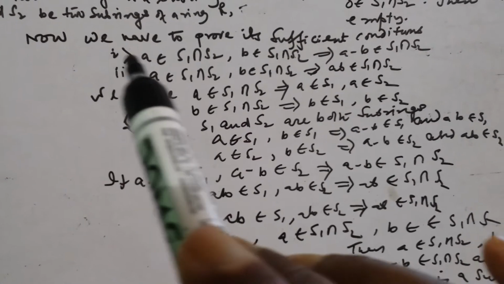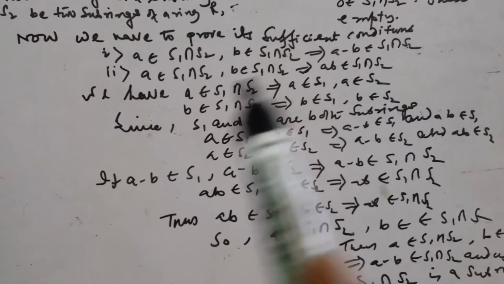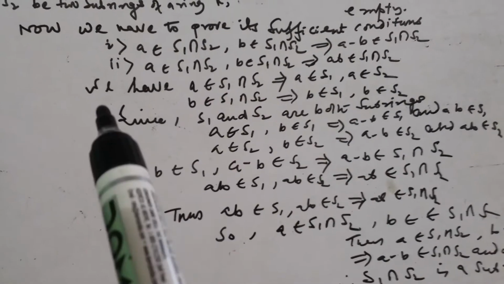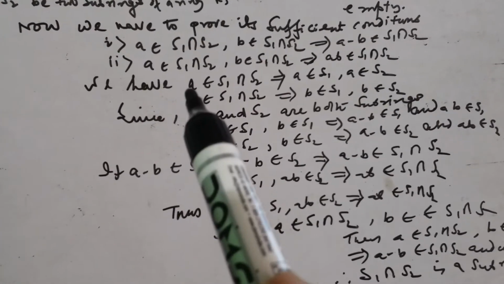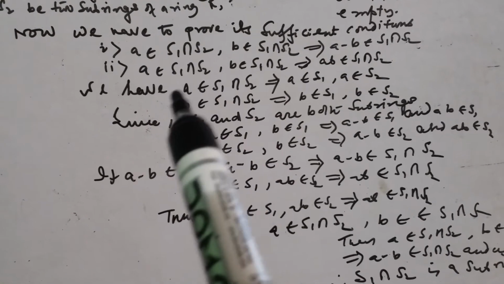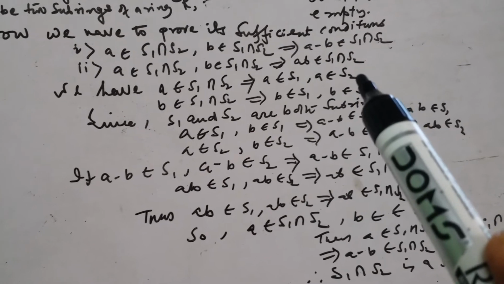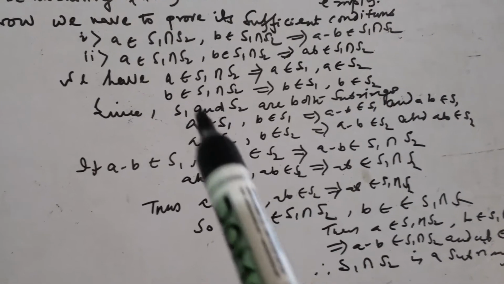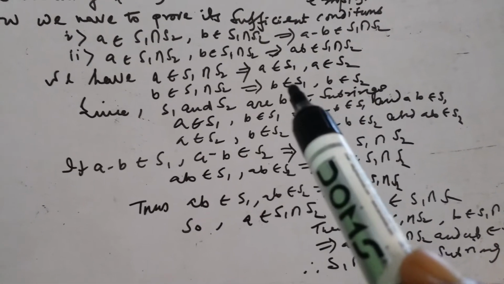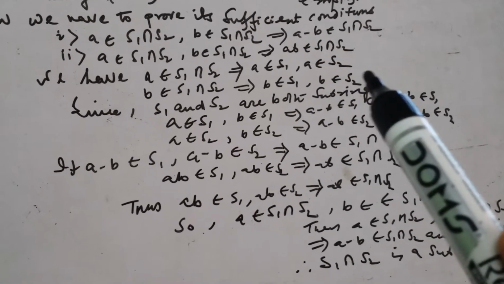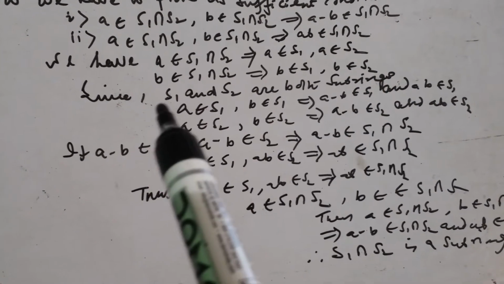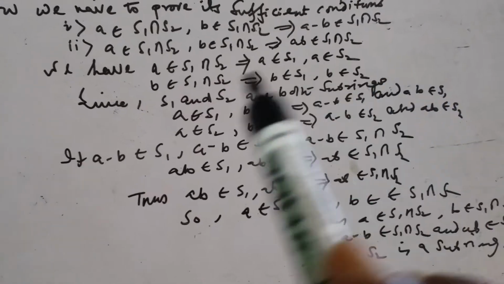Number 1, we have to prove first. If A belongs to S1 intersection S2, then A belongs to S1 and A belongs to S2. B belongs to S1 intersection S2, so B belongs to S1 and B belongs to S2. Now we know that S1 and S2 both are subrings.